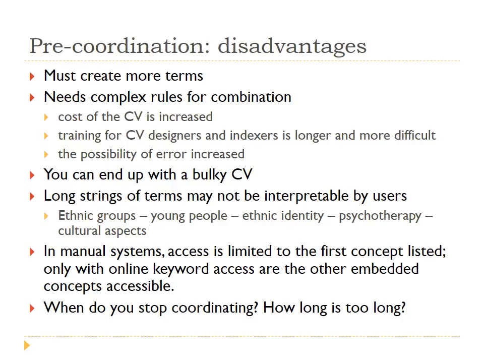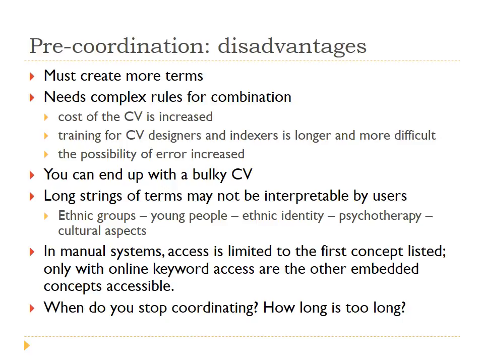If your catalogers are creating these pre-coordinate terms when they're applying the vocabulary, they're going to need a lot of guidance on how that creation and that combination can happen. That makes your CV more expensive, that makes the need for training for indexers more necessary and possibly more expensive.